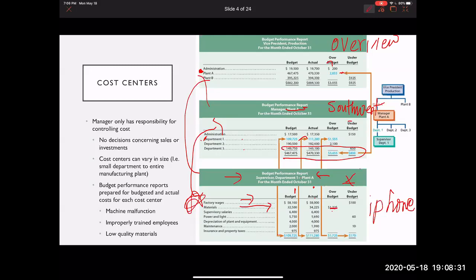But when you're over budget, you try to come up with an explanation, and we looked at those explanations. And so here are some: machine malfunctions, improperly trained employees, and low quality material. Okay, so anyways, that was me trying to explain the cost center and how it plays into what we've already learned in chapter 8, which is the budget performance report.